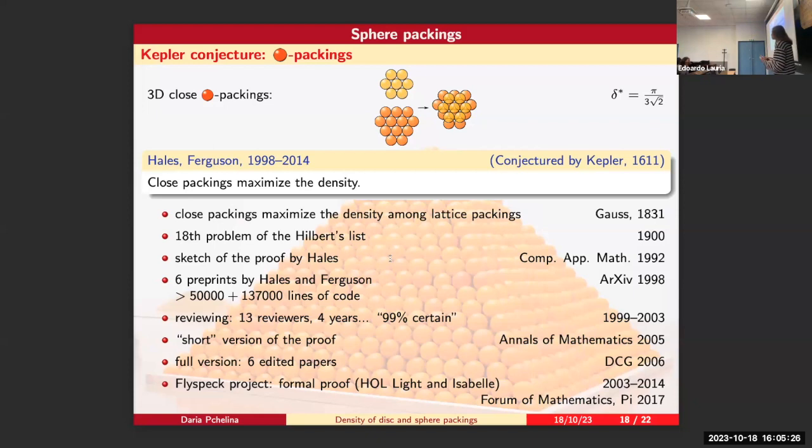To finish this proof, he needed to collaborate with his student, Ferguson. Together they published 6 papers, really huge papers, accompanied by hundreds of thousands of lines of computer code. It was in 1998. And it was a proof. It was an enormous proof.